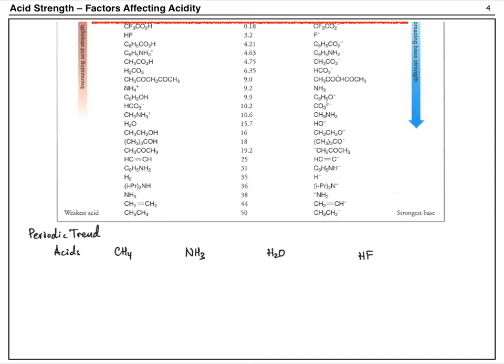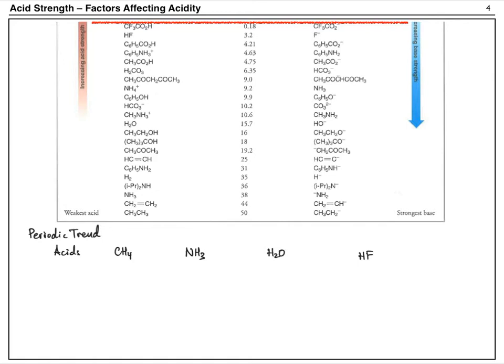So we're going across the periodic table, looking at those specific acids. Let's locate their pKa values on the table and then discuss the trend of acidity and why we observe that, and then we'll also look at their conjugate bases and discuss that trend as well.